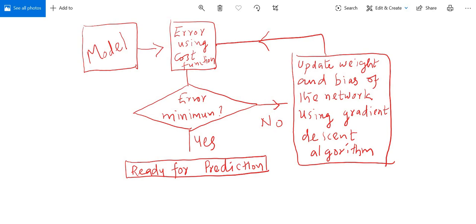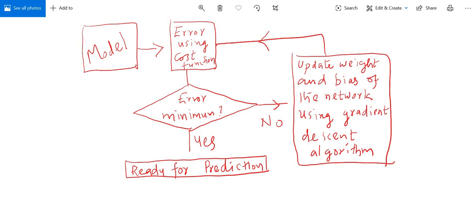Here you have the machine learning model, and in the next block we are calculating the error using the cost function. Error we calculate as predicted value minus actual value. So we will check whether the error is minimum. If it is minimum, our model is ready for prediction.